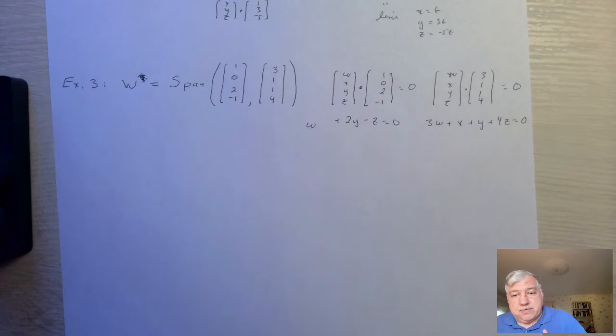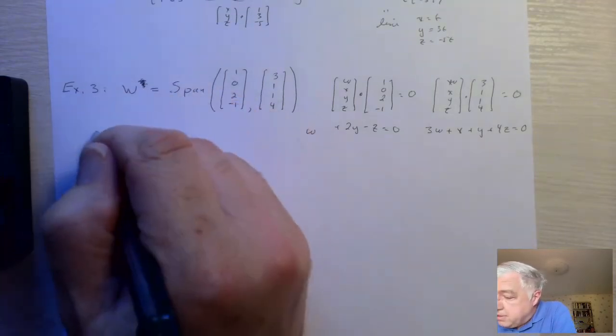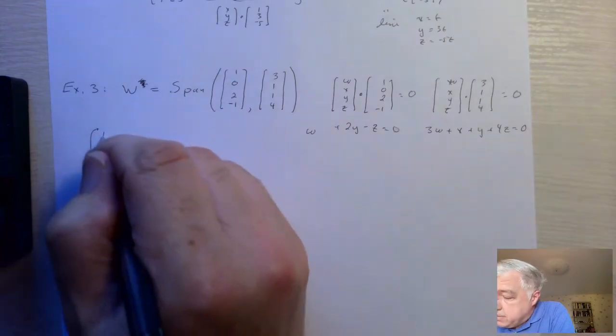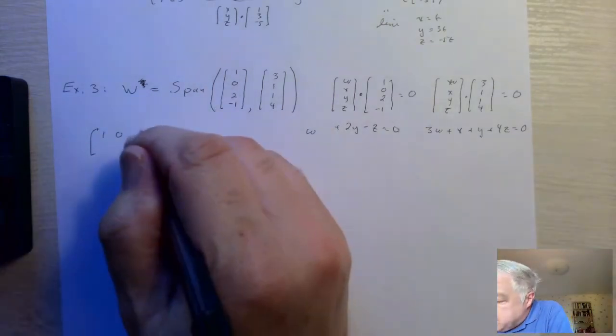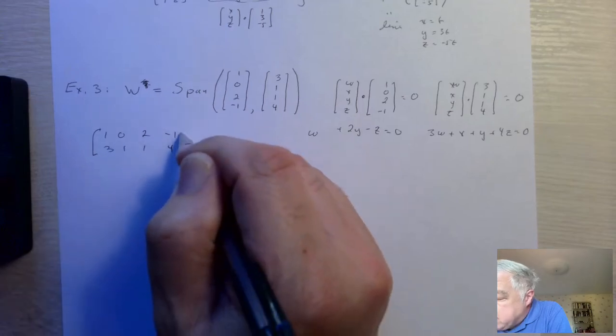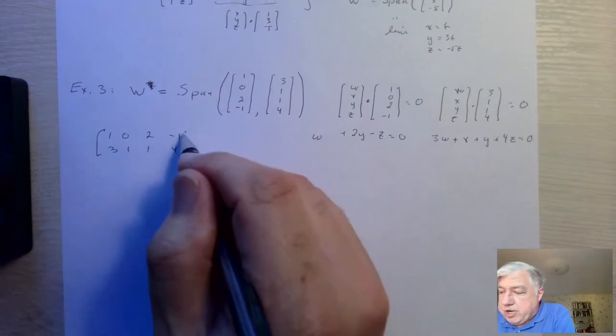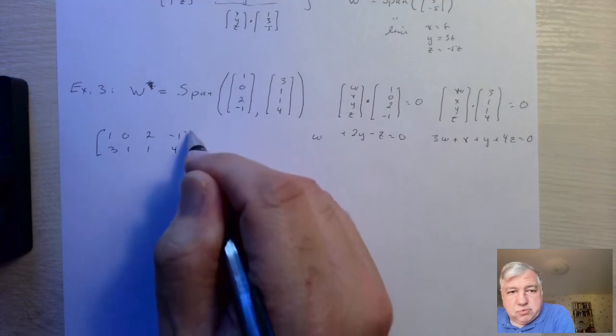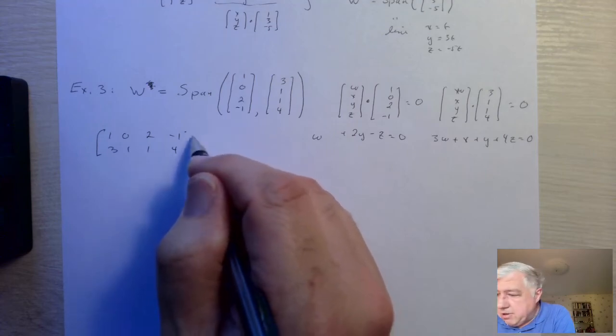If we wanted to write the augmented matrix for this system, this would be 1, 0, 2, -1, and 3, 1, 1, 4.